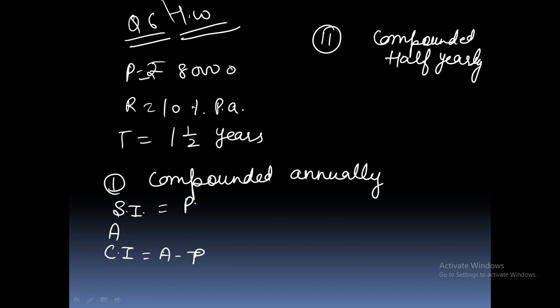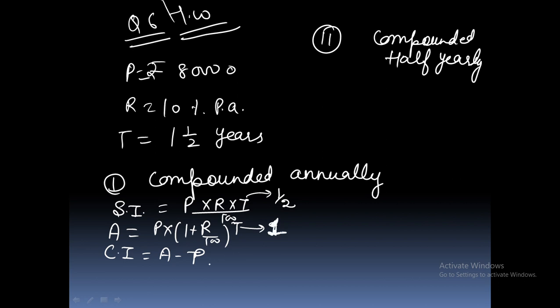Simple interest is principal into rate into time over 100, and amount is P multiply 1 plus rate over 100 power T. Here time will be half and here time will be taken 1, and after this both answers will be added and you will calculate the total compound interest.